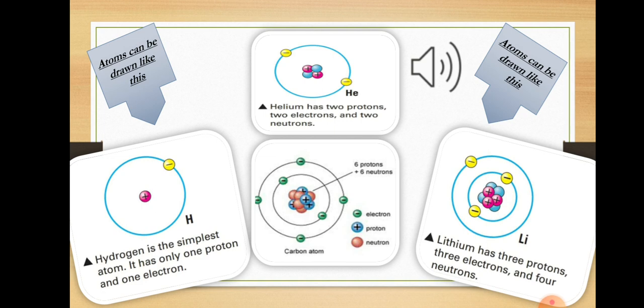However, other diagrams show the electrons as existing in rings or orbitals. Orbitals are often used to illustrate the number of electrons at different energy states surrounding the nucleus. This is important because only the electrons at the highest energy states, or outermost orbital, participate in chemical reactions. These are called valence electrons, and they are involved in the formation of chemical bonds between atoms.